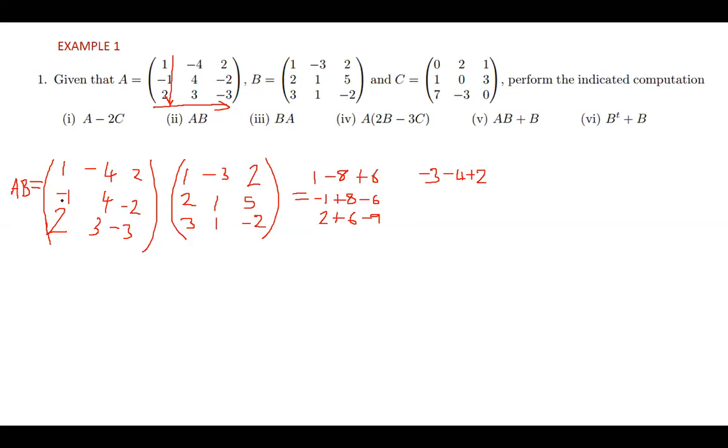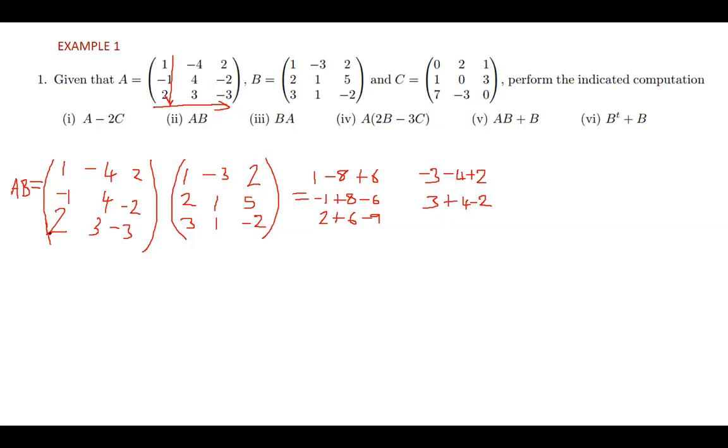And then I go to the second row, so I'm going to move to the next row here as well. So this is going to be -1 times -3. I'm getting +3. And then 4 times 1, I'm getting +4. Then -2 times 1 there, I'm getting -2.